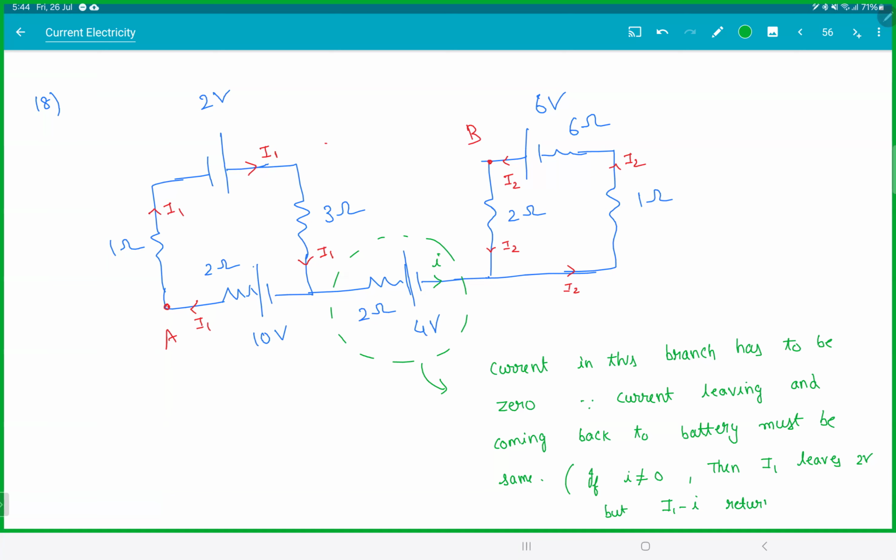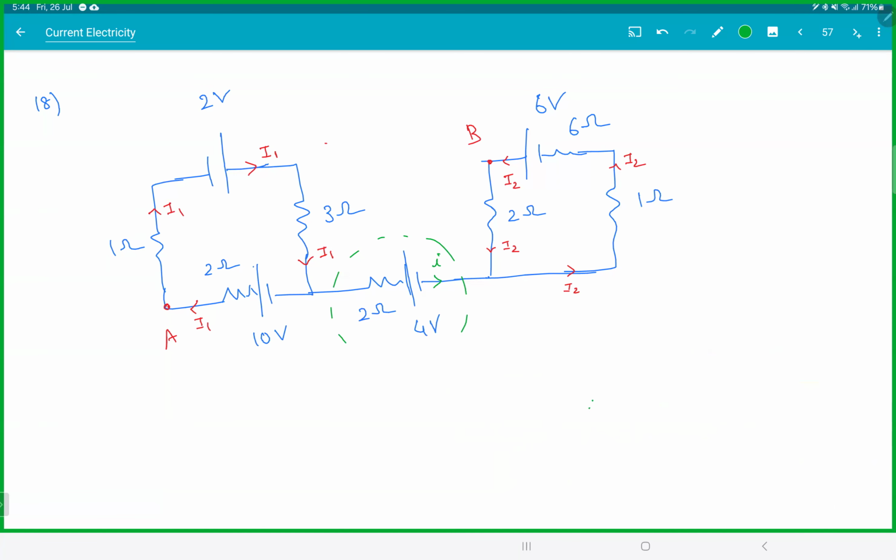So charge is not conserved, and it doesn't work. That is the main idea there. So once you get that, you can just ignore that branch.